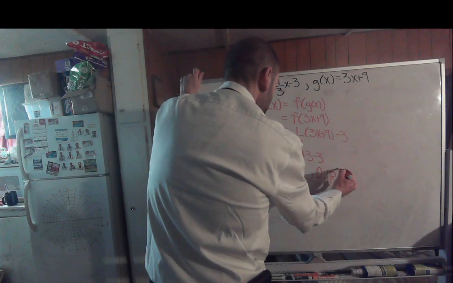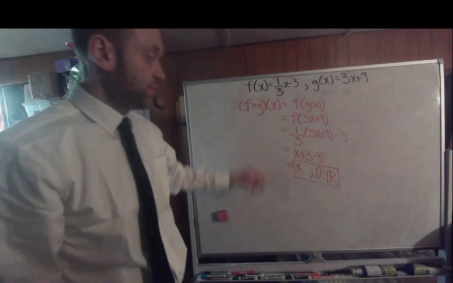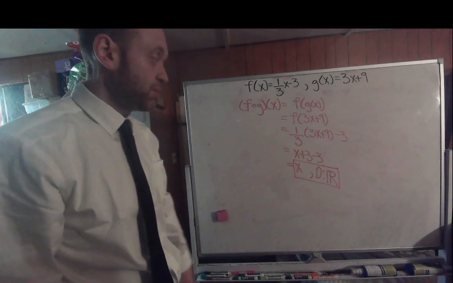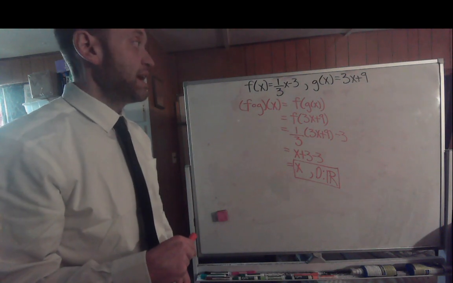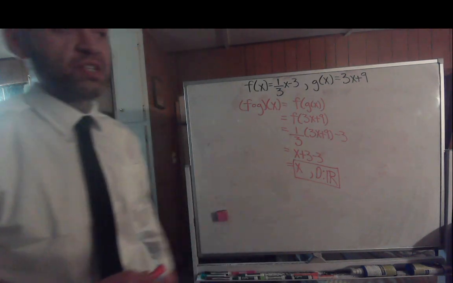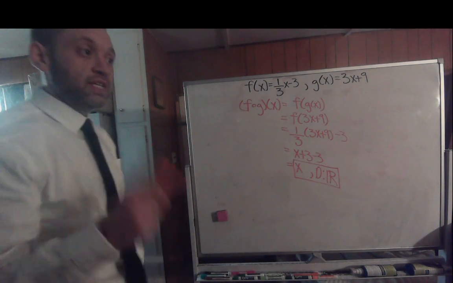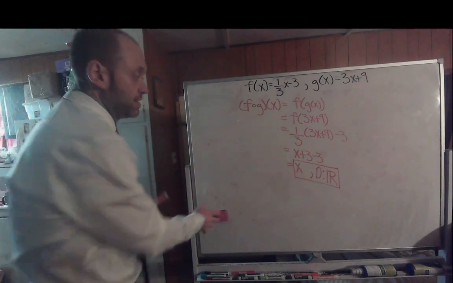Now this is interesting. Since f composition g of x equals just plain old x by itself, in the next lesson we're actually going to see that that would mean that g of x and f of x are inverse functions of each other. So I guarantee you, when we go to do g of f of x, we should get x again.